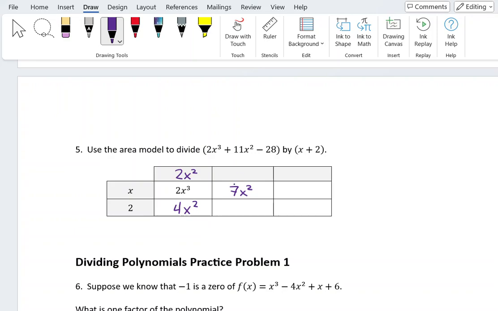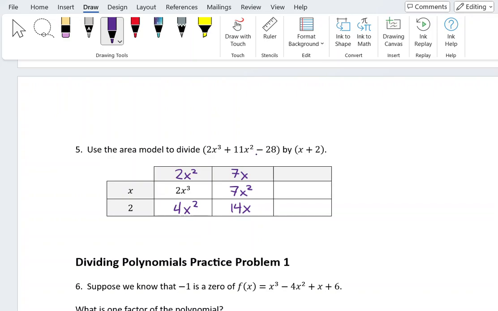Then I go to the top. x times what gives me 7x squared? Well, that's 7x. And then to the bottom, 7x times 2 is 14x. Now, I don't have any x term in my original polynomial here.